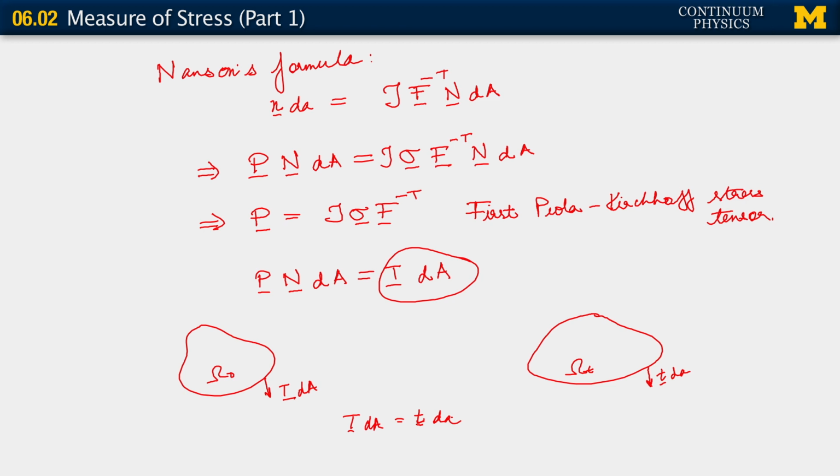So what this tells us is that this new stress tensor that we've introduced has force directed in some orientation in space, but the area that it's referring to is on the reference configuration. It's out here.